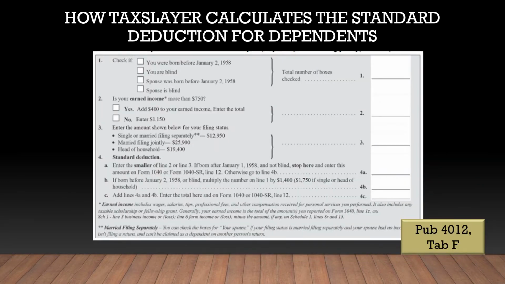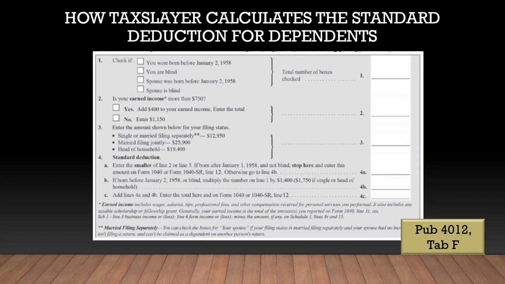Dependents are another group of taxpayers that could have a standard deduction that is different from the usual base amounts. And again, TaxSlayer will calculate this if you've correctly entered the taxpayer as a dependent in the basic information input screen.